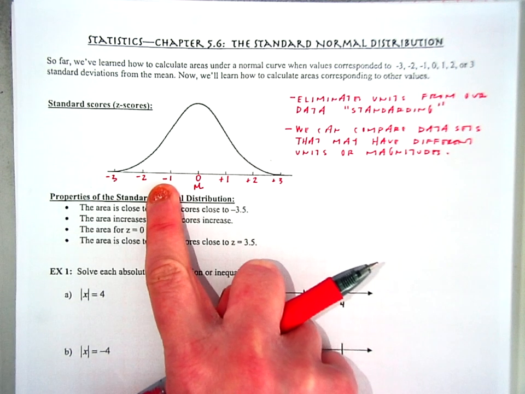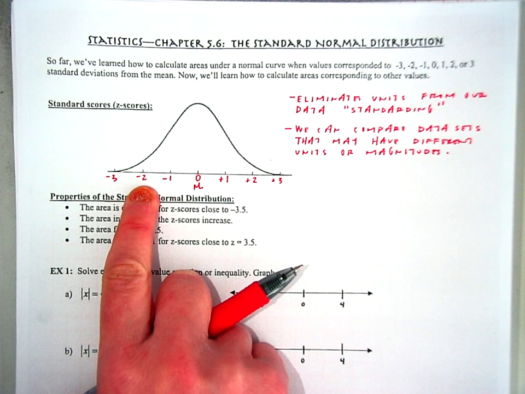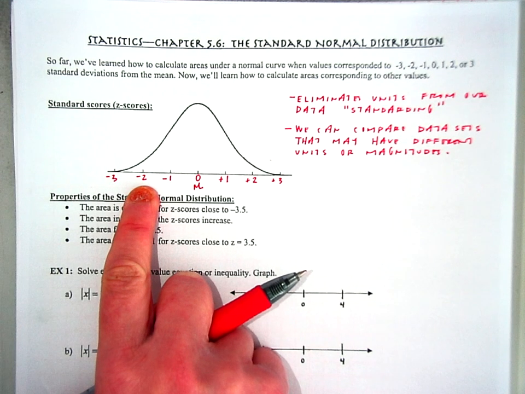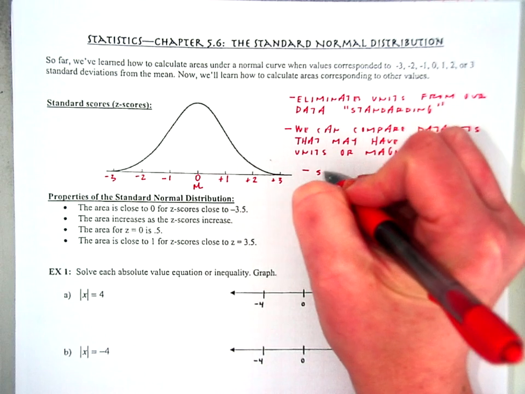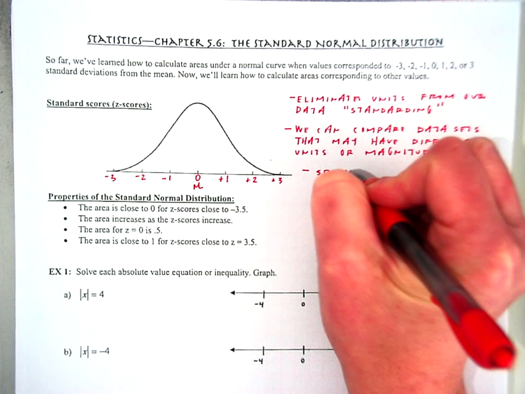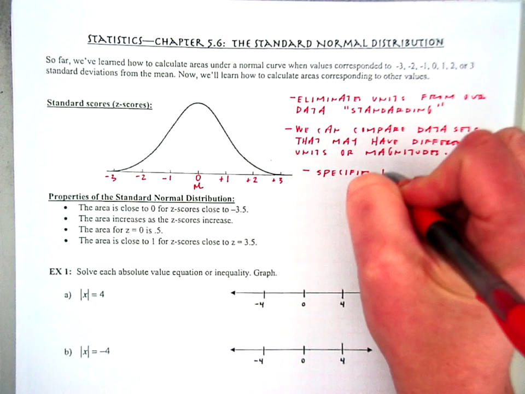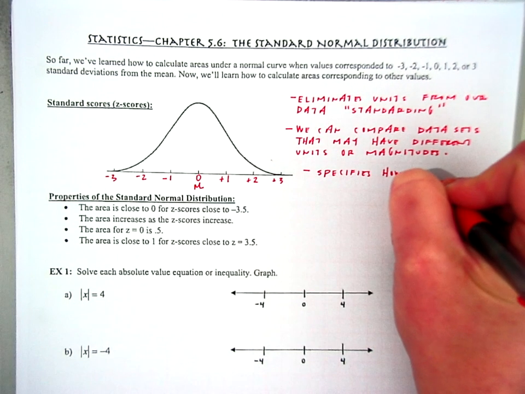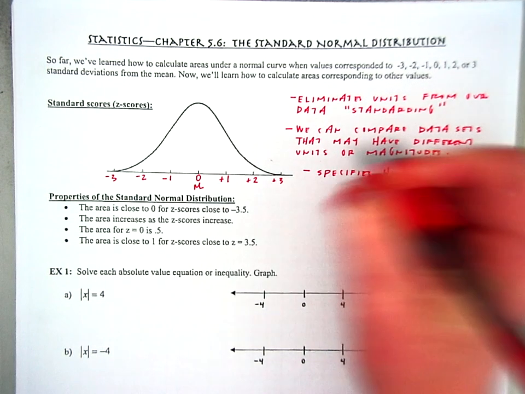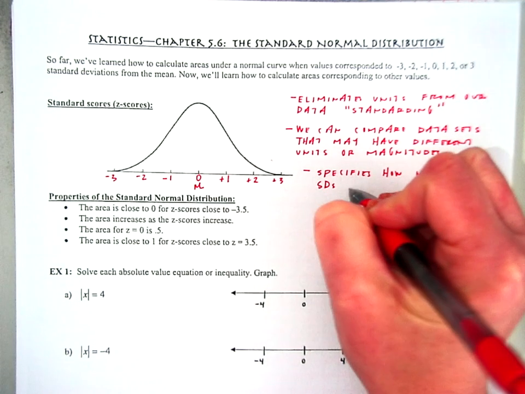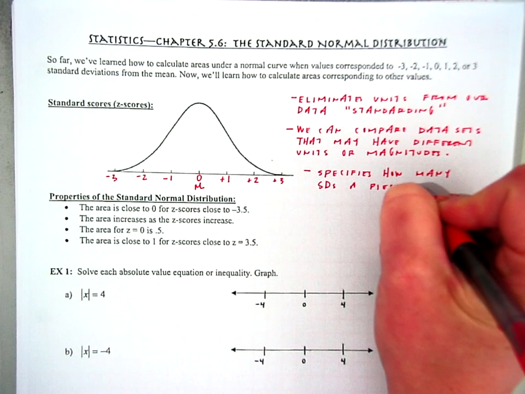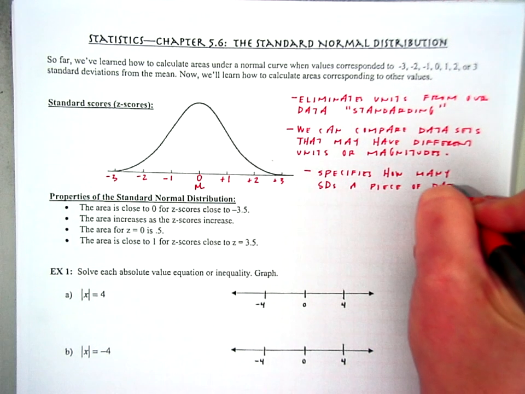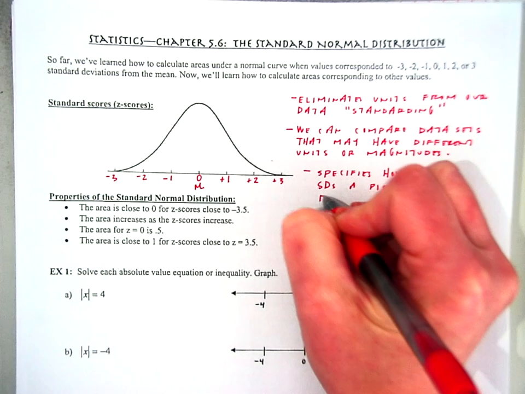And over here, say I look at this one, this would be 2 standard deviations below the mean because it's negative.